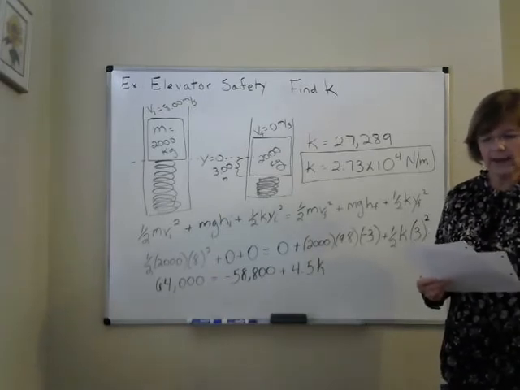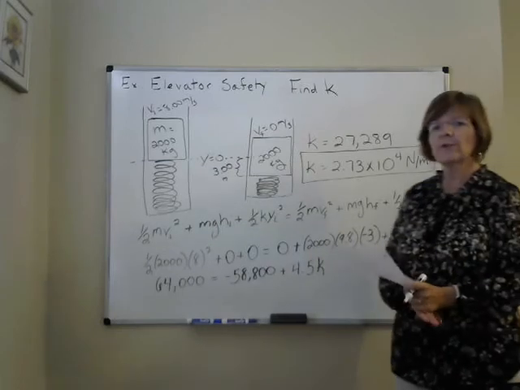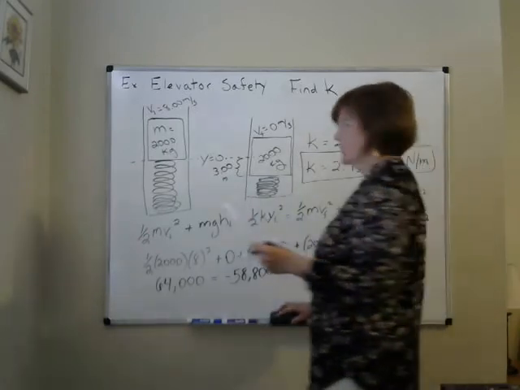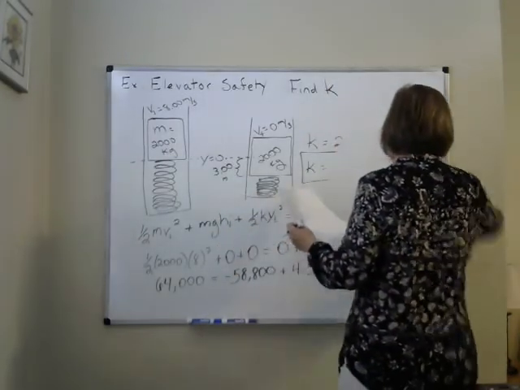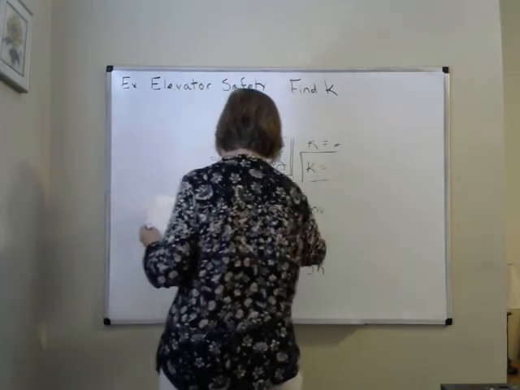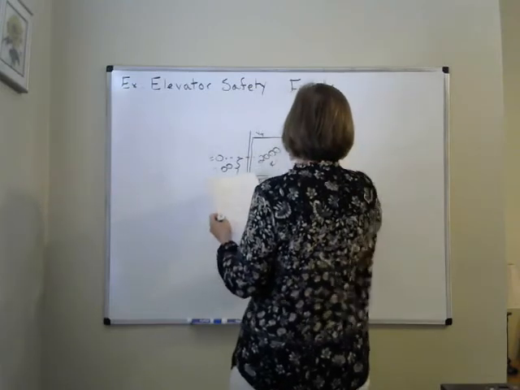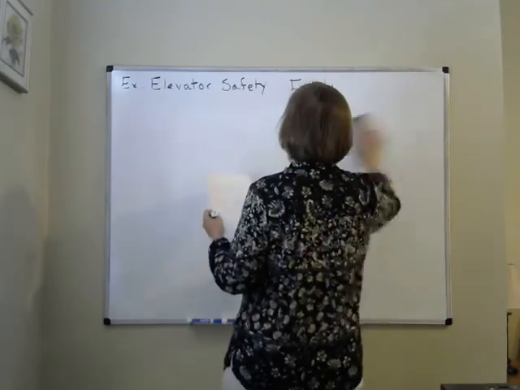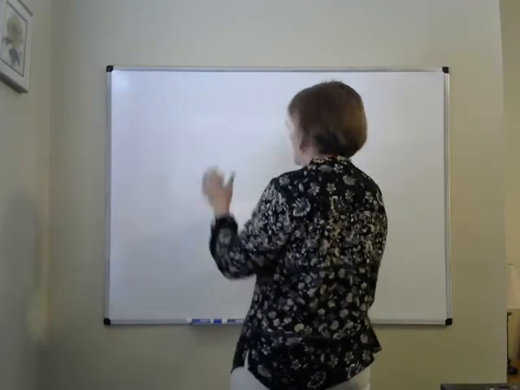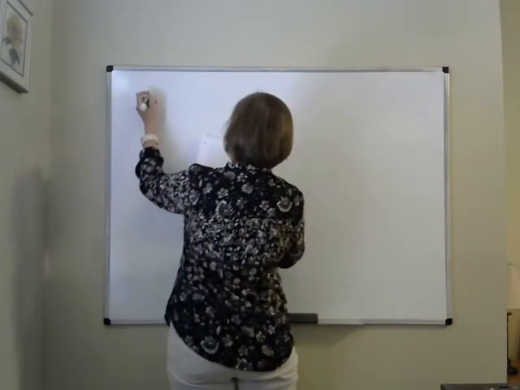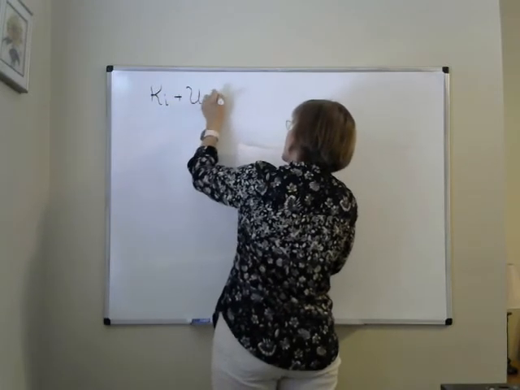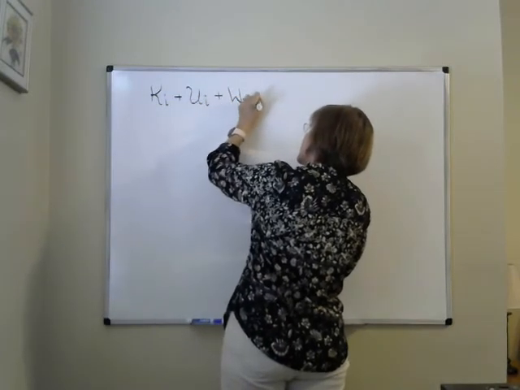Okay, let's move on then and let's talk about what we do if we have friction. How does friction or any non-conservative force change this? When we're dealing with a non-conservative force, we end up with something like this. We have our initial kinetic, our initial potential, plus this non-conservative work.